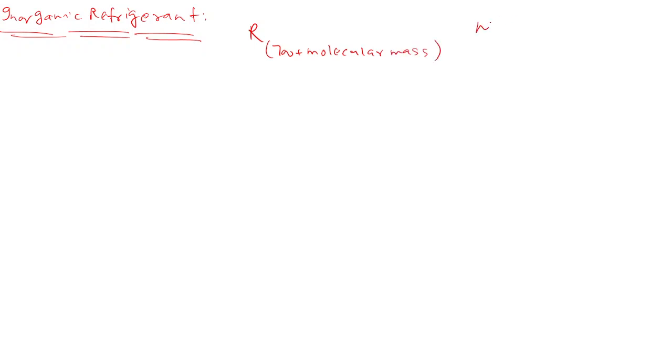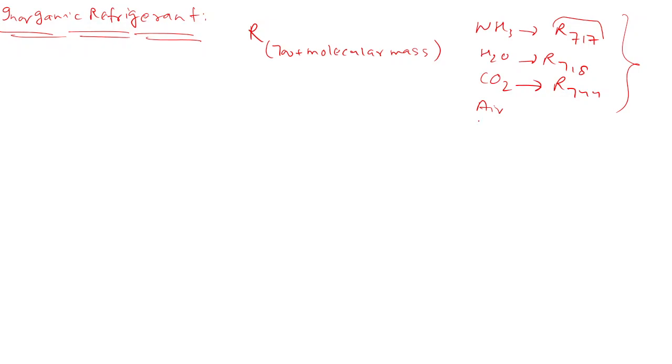So what would be the name for ammonia? R717. If R717 is there, a matching type of question will come, R717 will match with ammonia. And for H2O? R718. What would be for CO2? R744. So it is also simple. You can do the same for air, and for SO2 also.